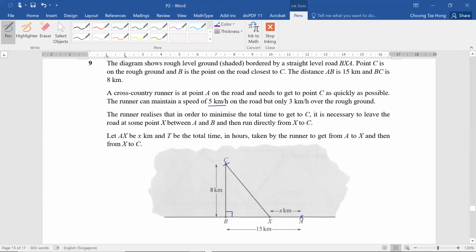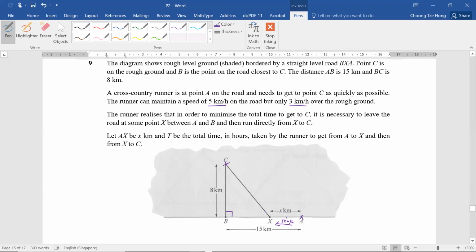That means when he's running from, let's say, point A to X, the speed he can maintain is 5 km per hour, but only 3 km per hour over the rough ground. So if he's running along any part of the rough ground, his speed is only 3 km per hour. The runner realizes that to minimize the total time from A to C, he cannot run from A to B and then B to C. He won't be able to make it there in the fastest possible time.